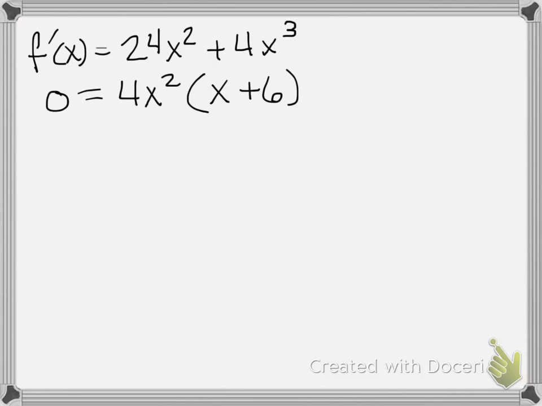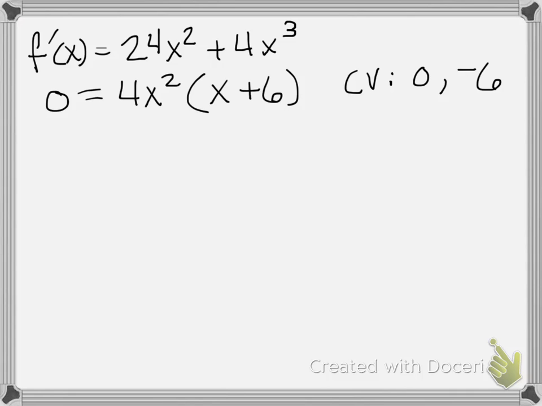So we know our zeros, or our critical values, as far as what makes that 0, are actually going to be 0 and negative 6. Because if we plug in a negative 6 for x, that's going to give us 0 inside our parentheses, and 0 times anything is going to be 0, and likewise for the x squared, it's pretty easy to see that one. Okay, so we have our critical values for our f prime.